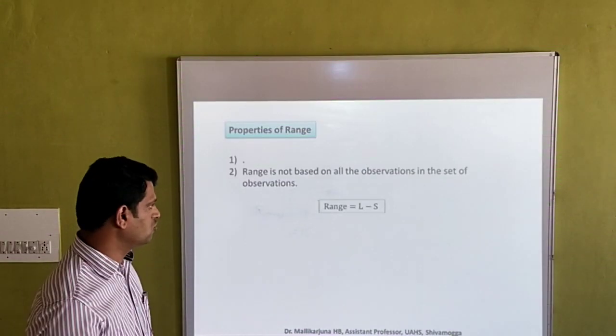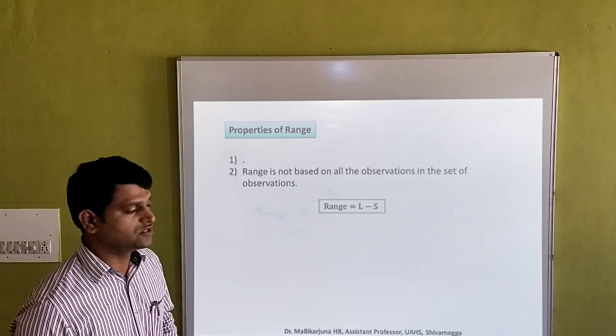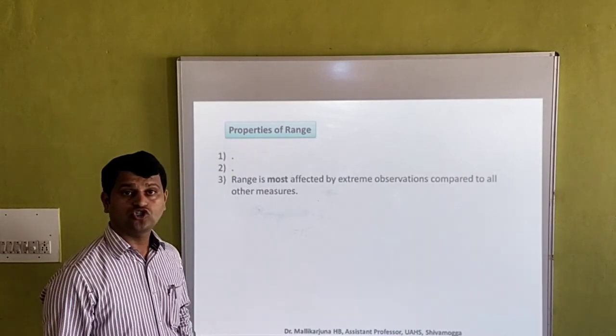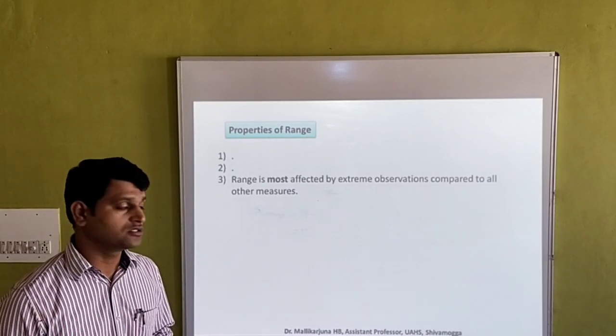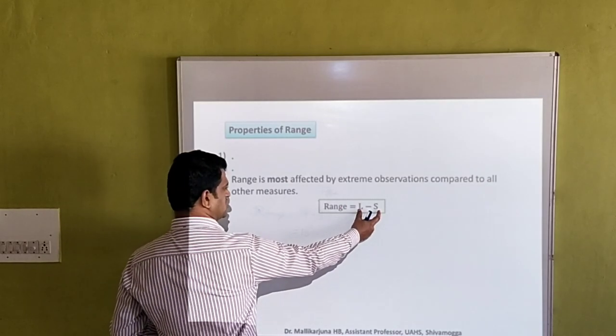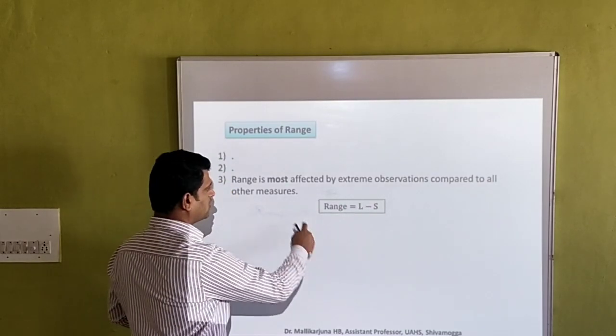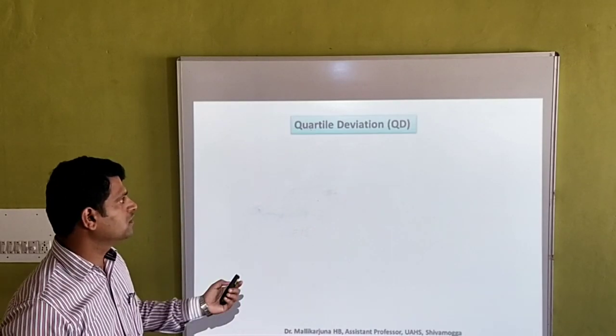Range is the most affected by extreme observations compared to all other measures, because it is based only on the largest and smallest values.